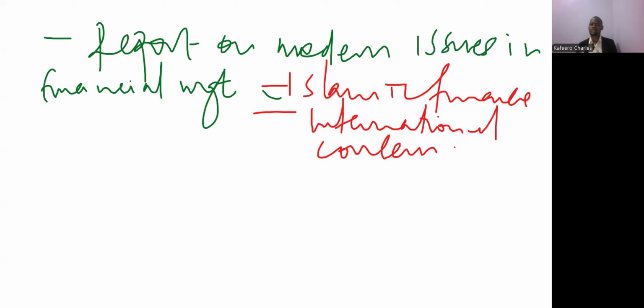I never wanted to go into the examiner's comments as per the different settings, but at least I'm giving you the expectations, because they set these exams based on the expectations that they expect the students to have attained.